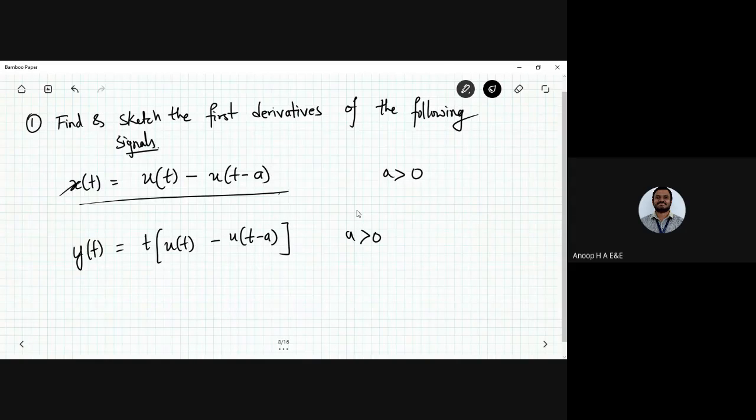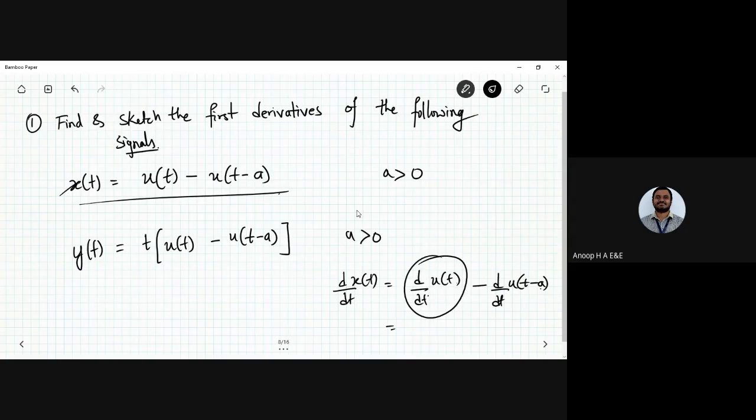So I want to find out the first derivative there. Differentiating with respect to time, d by dt of u of t minus d by dt of u of t minus a. Always remember, once you differentiate with respect to time, you are going to get delta of t.